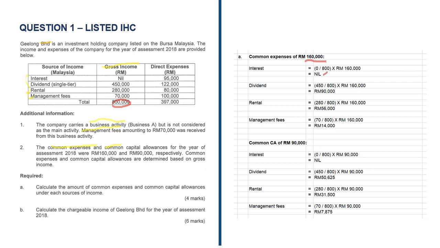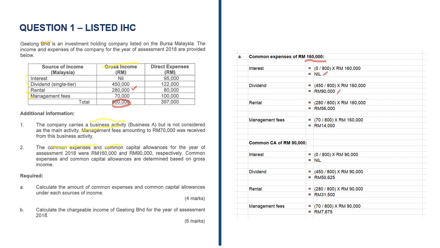While untuk dividend pula, kita nak apportion, we take the amount for dividend here 450,000 over 800,000 times 160,000. Therefore, we got the common expenses for dividend amounting to 90,000. We do the same for rental, 280,000 here, bahagi dengan total 800,000 darab 160,000.